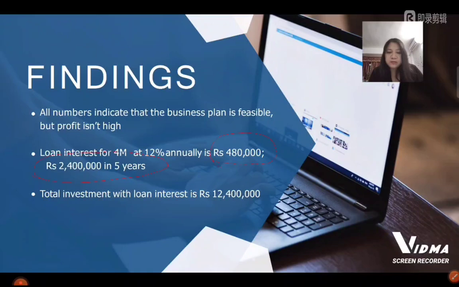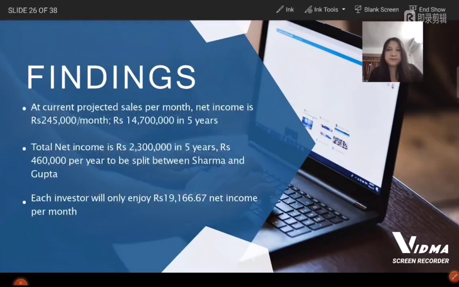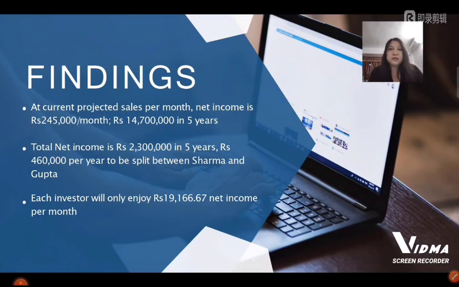Which means the original 6 million investment from the partners and our 4 million plus 2.4 million in interest brings our total investment with loan interest to 12.4 million rupees. At current projected sales per month, we have shown you the calculations.